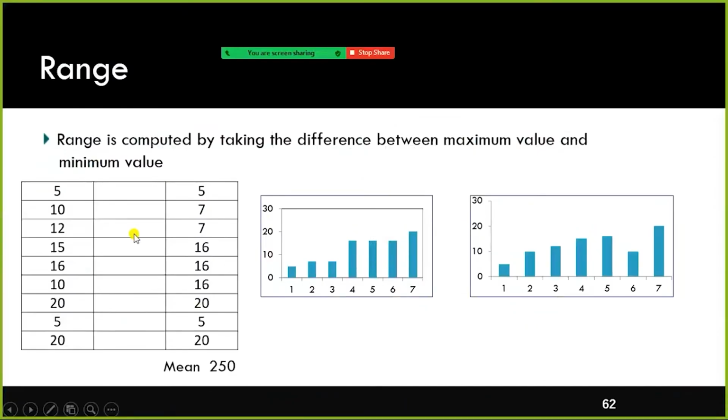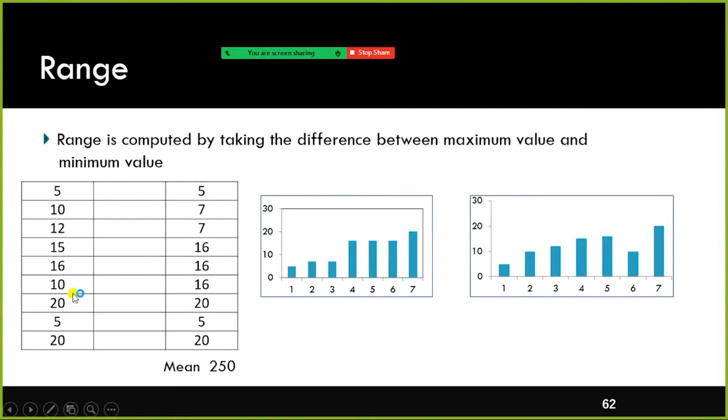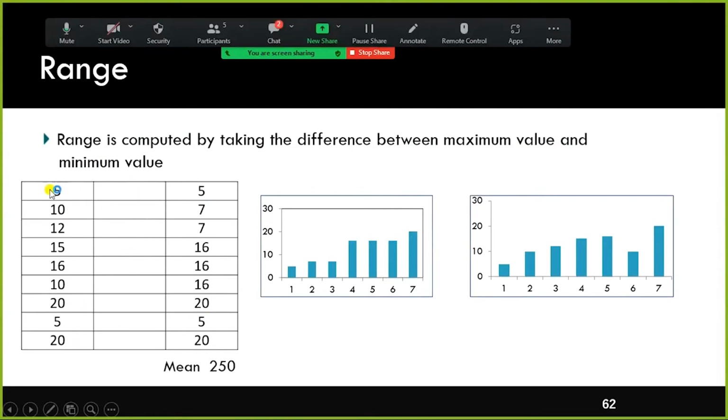Say yes or no. Yes, right? It is not exactly the same. Here 5, 5 is there, but 10 is there here, but it is 7, 7. It is not the same.